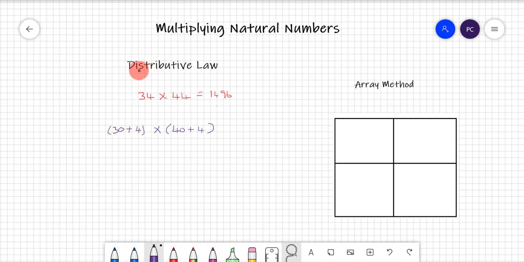Then we can use what's known as the distributive law. If I have 30 plus 4 multiplied by 40 plus 4, what I'm actually doing is taking this and multiplying it by this, and also taking this and multiplying it by this.